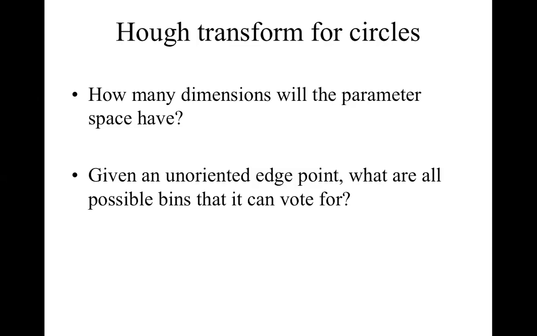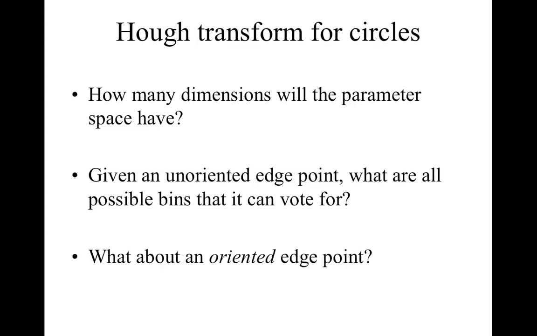Now we have to see what an unoriented edge point in the image space will vote for in the Hough space. And if we know the orientation of our edge, what will happen in this case?